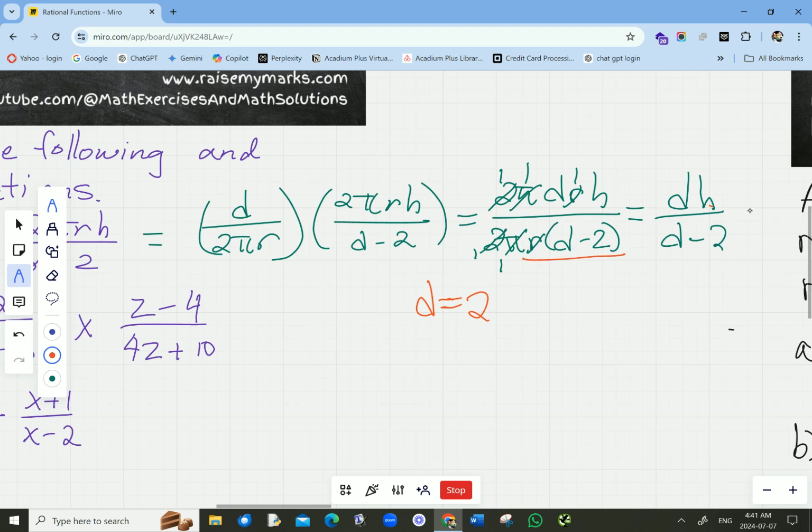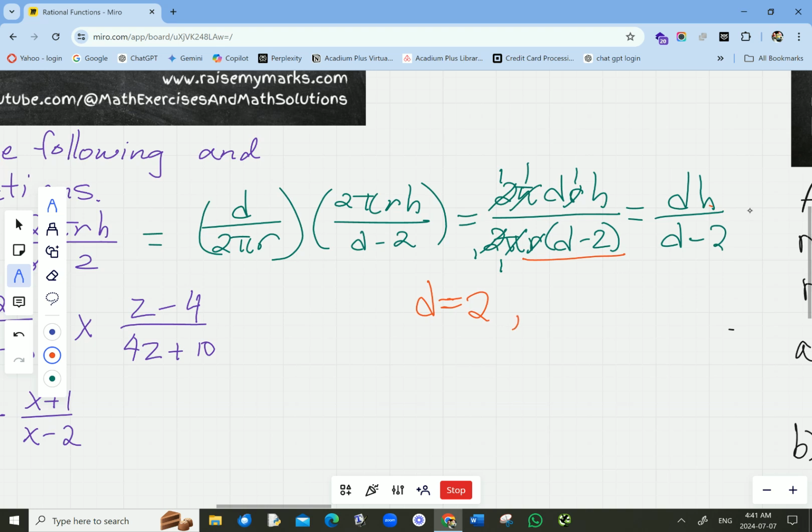So that's the previous step. And if you noticed in the previous step, we have r times d minus 2. So 2 and pi are constants, but r, d, and h are variables. So we need to consider when r equals 0 or when d minus 2 equals 0. So we've taken into account when d minus 2 equals 0.